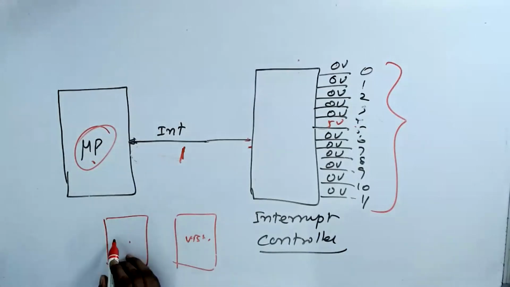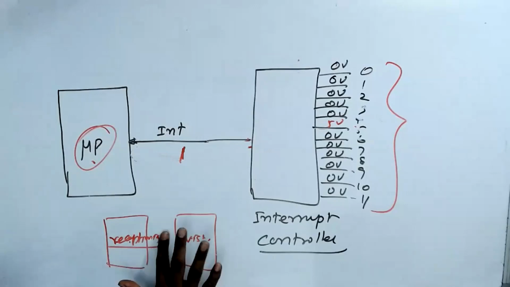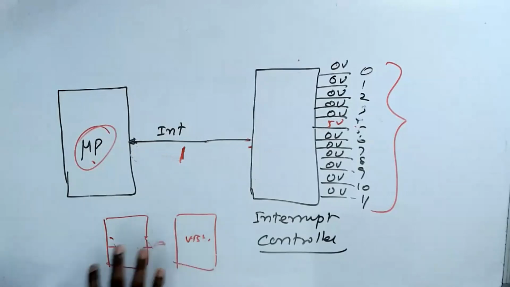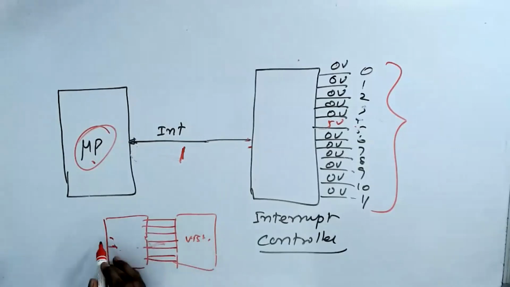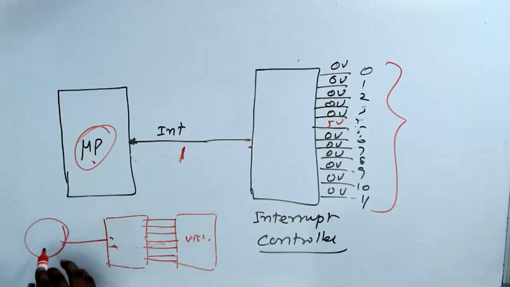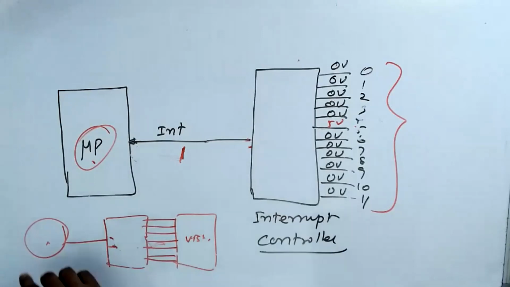So I have to appoint a PA or receptionist. That receptionist will interact with all the people, then tell you that so and so has come. Then you ask the person to come and do the activity for you. That is exactly the job of the interrupt controller.